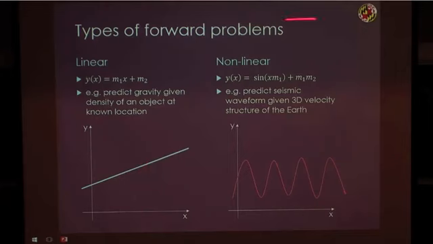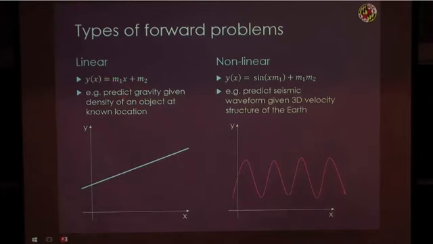So I'm going to get back to this topic of types of forward problems, but here I just want to illustrate a very simple pair of forward problems. On the left, we have a linear problem, a simple linear relationship between quantities x and y. And this linear model here has only two parameters. It has a y-intercept, which is here called m2, and it has a slope, which is called m1.